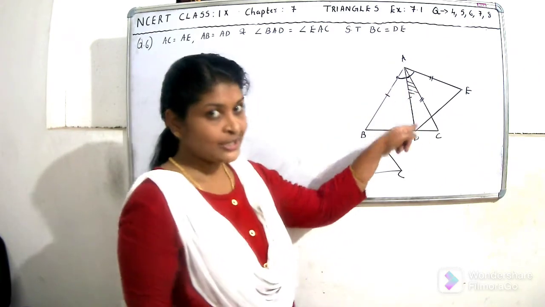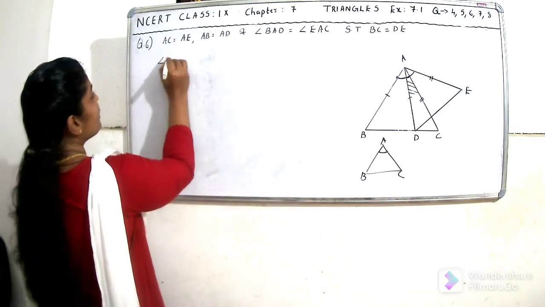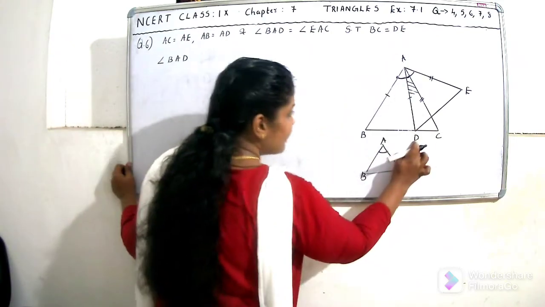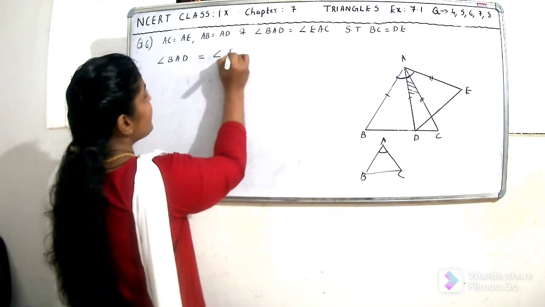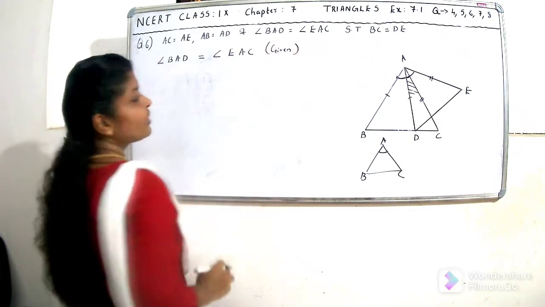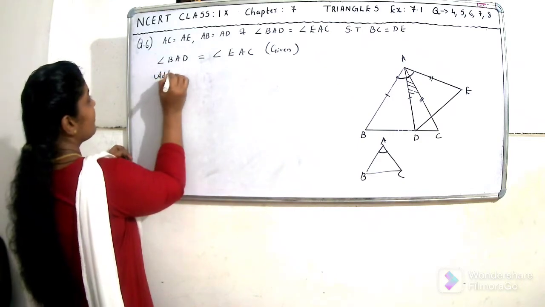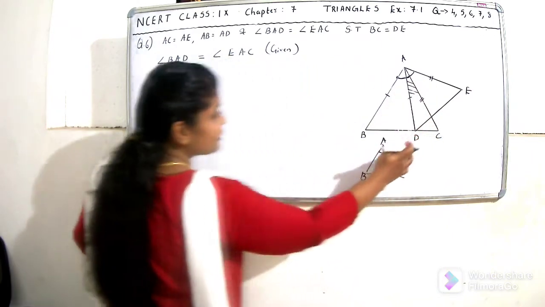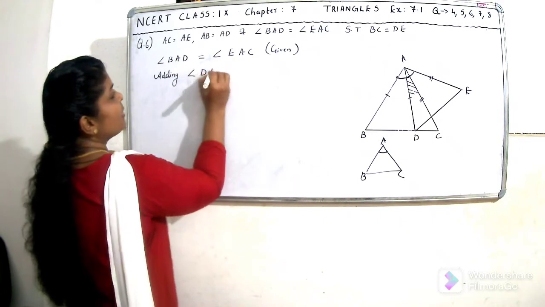So what will happen? Let us look. Angle BAD is equal to angle EAC, this is given. Now we are adding the same angle to both sides. Which angle? This shaded part, angle DAC.